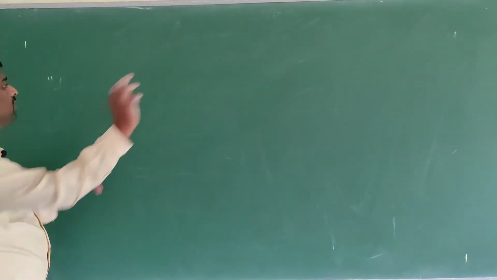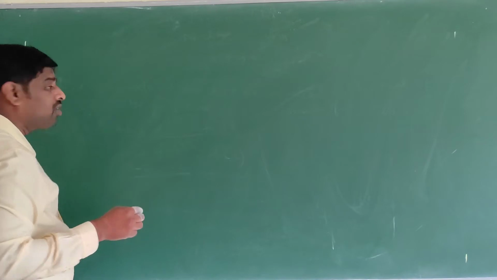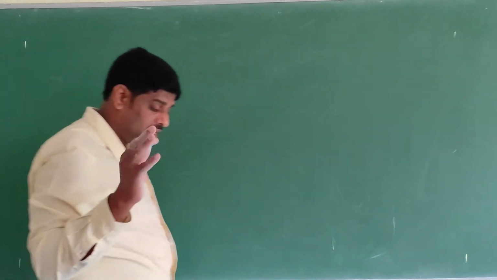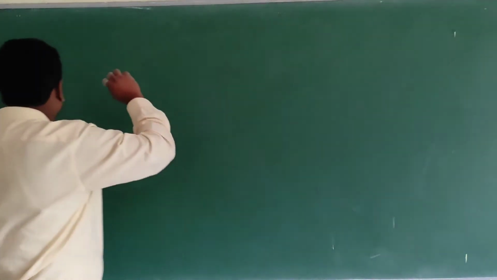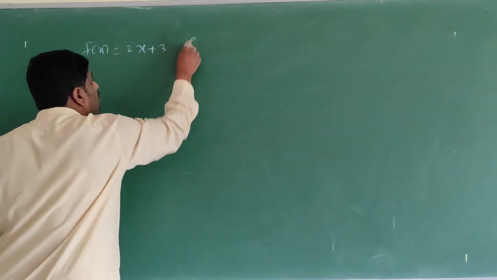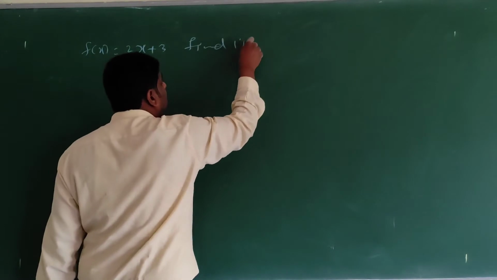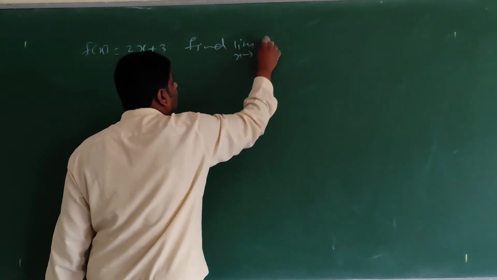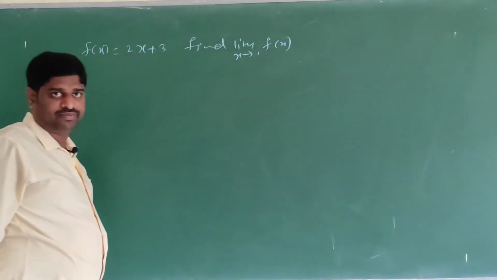See children, how can we check a continuous function? Suppose f(x) = 2x + 3. Find the limit as x tends to 1 of f(x).